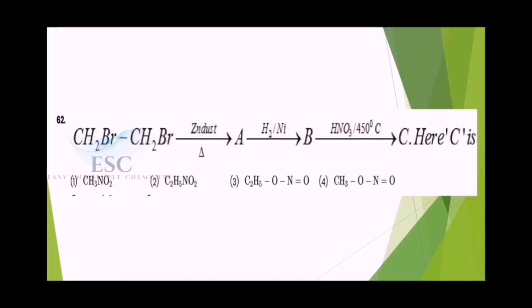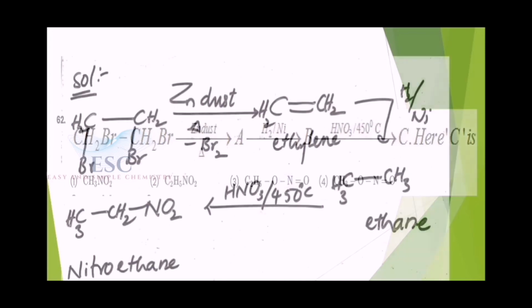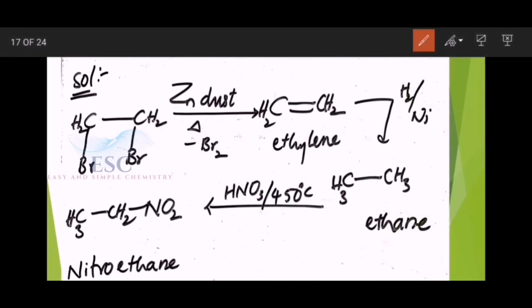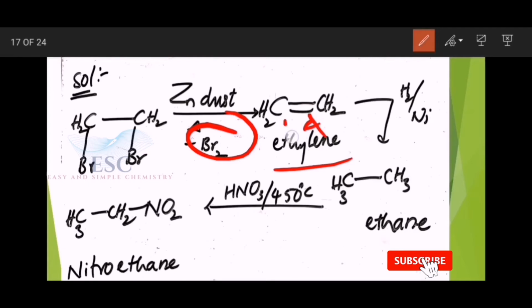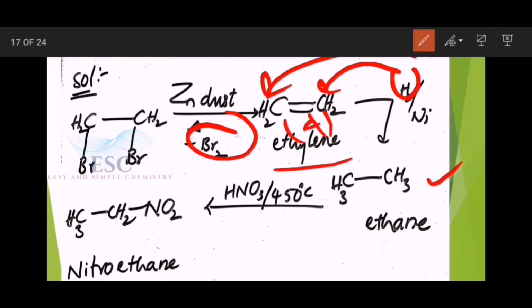See the solution, where 1,2-dibromoethane reacts with zinc dust with loss of 2 bromines to form ethylene, that is A. Where A reacts with hydrogen in the presence of nickel, that is also a reduction reaction. These two hydrogens directly bond with 2 carbons to form ethane, that is B.